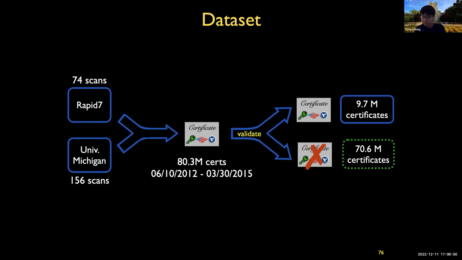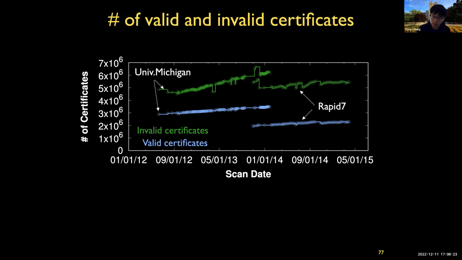Then, shockingly, the conclusion was that 88% of the certificates were actually invalid, which means either they have a broken signature, or they are just self-signed certificates. So at the time, 88% of the certificates were invalid.